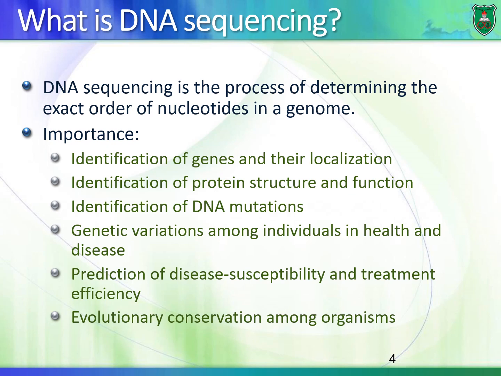These can increase the variation among human beings, and that would affect health and disease. It would affect the susceptibility of a person to develop a certain condition, whether it is cancer or heart disease or whatever. So you can predict disease susceptibility.